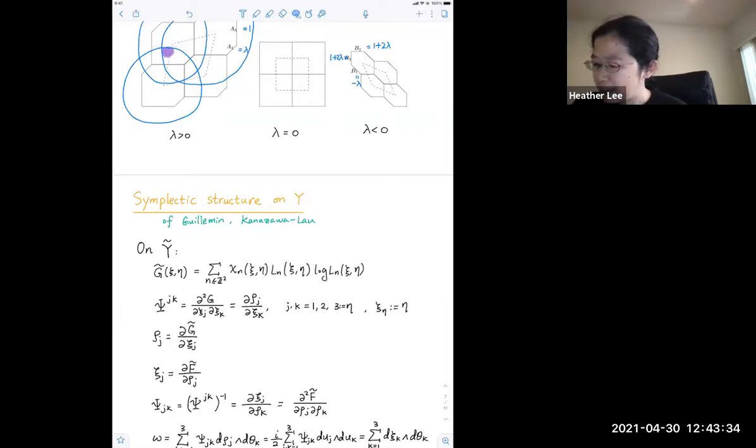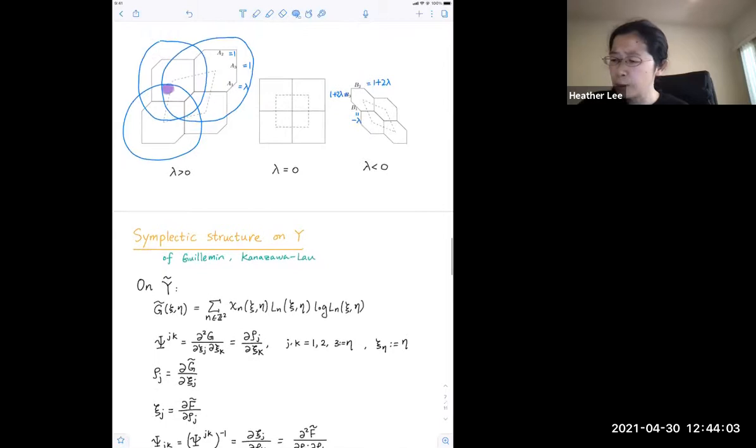With this indicator function, this infinite sum actually becomes finite sums locally, just because each point in the moment polytope only belongs to a certain number of open covers, and if it doesn't belong to an open cover, then this indicator function makes that term 0. So there are only finitely many terms here.